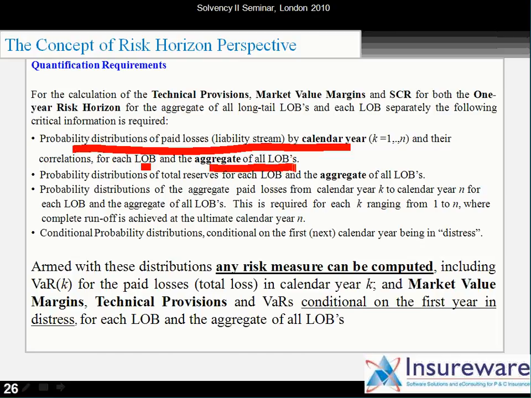And you know that with ICFRS Plus, when you look at a single composite model for the aggregate of all LRBs, it also includes the various types of correlations between the long tail lines of business. We need the probability distributions of total reserves for each LRB and the aggregate of LRBs.